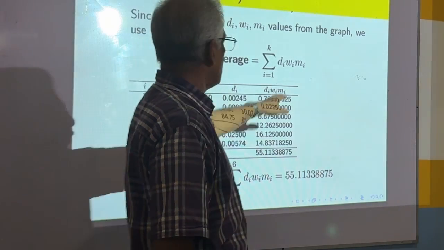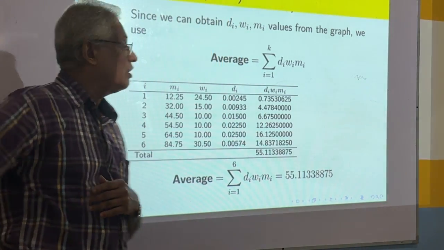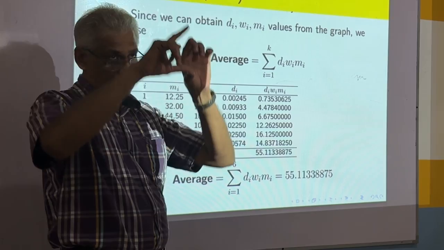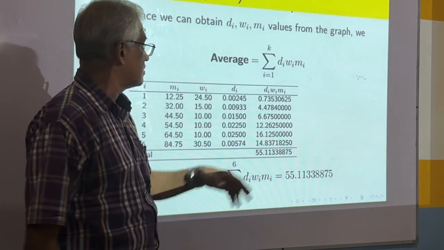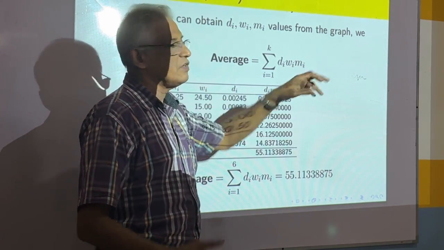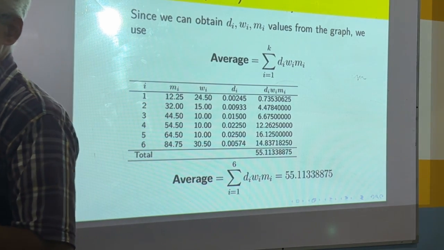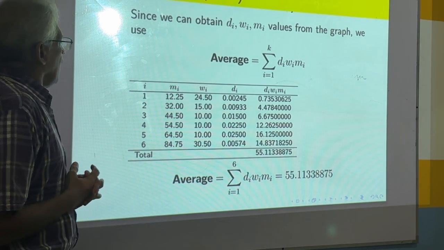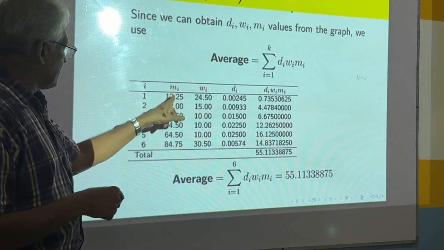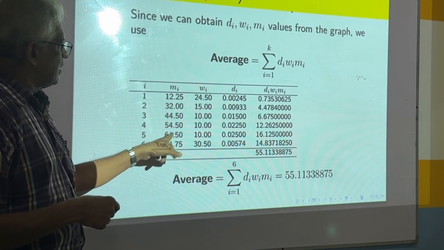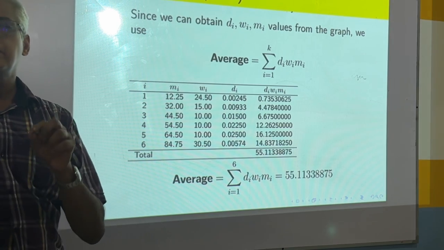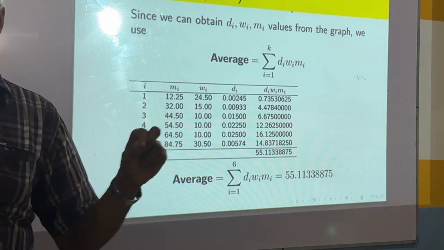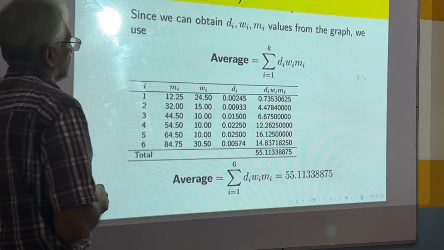So we can use this formula instead of the first formula, because we know the densities, in this case percentage densities, we know the widths, and we know the middle values of the intervals. From the histogram we can get the mid values like this. From the histogram itself we can get the widths. They have different widths, but we can get those widths from the histogram.